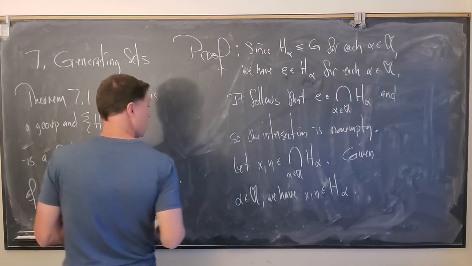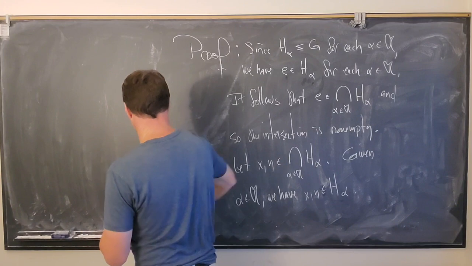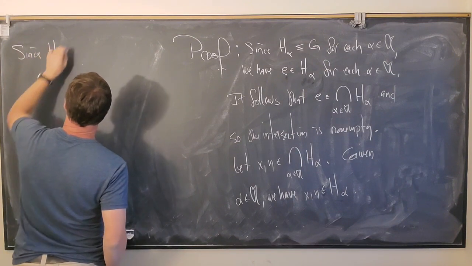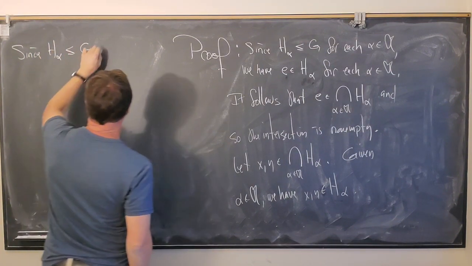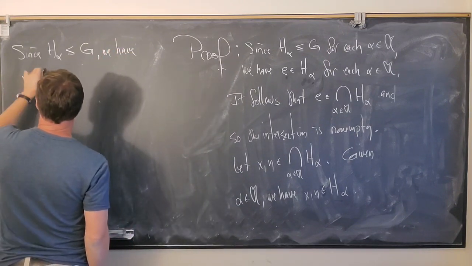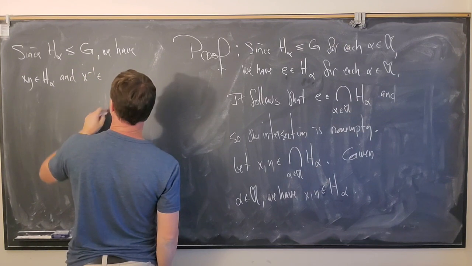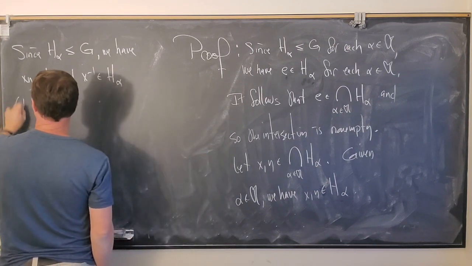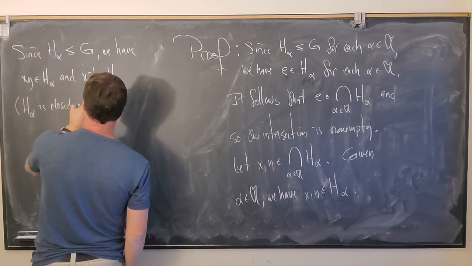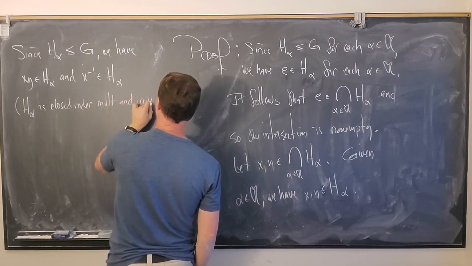And then using the fact that H sub alpha is closed under both products and inverses, since H sub alpha is a subgroup of G, we have xy is an element of H alpha, and x inverse is an element of H alpha.